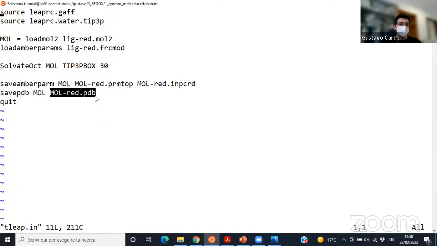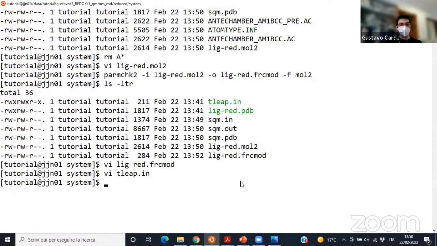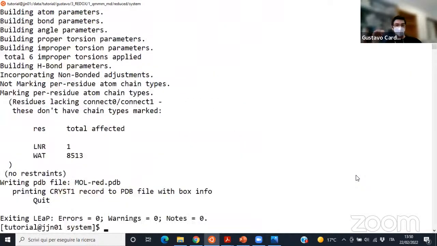It eases the visualization as well, because when you visualize your system, you can just open VMD and give this as input without putting the other two files as arguments. The execution here is simply tleap -f tleap.in. And this is what it will have given you, most likely.